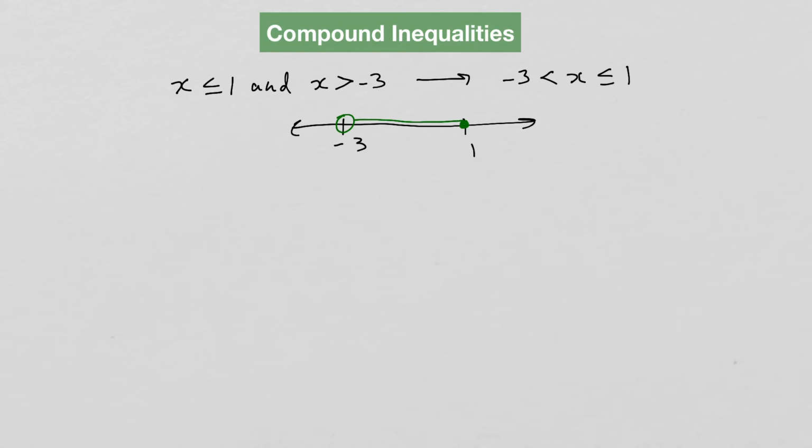Okay, so what would happen if this became a disjunction? Okay, so in other words, x is less than or equal to 1, or x is greater than -3. So let's go ahead and graph this on the number line so we could see what's going on.